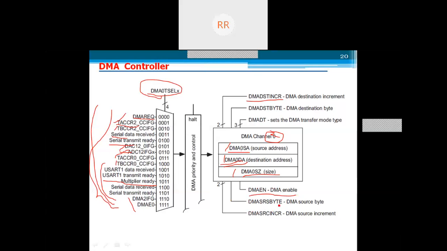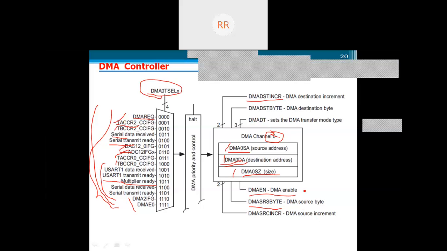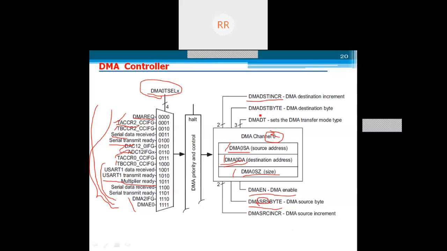Next, DMA source byte, whether you want to transmit the data in terms of bytes or word size. So source byte and destination, SRC for source, and here DST for destination. Okay, same lines will be there here, and source increment and decrement, destination increment operation, either increment or decrement.